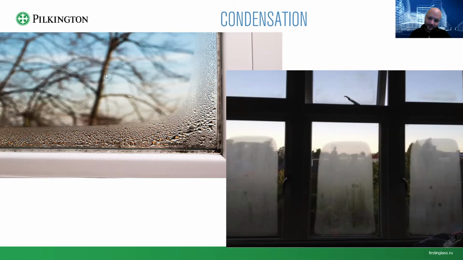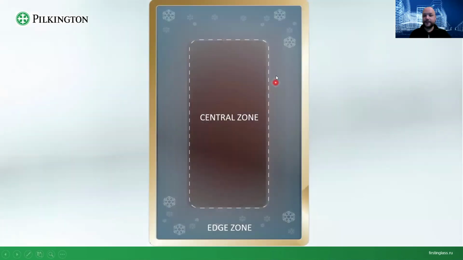Cold outside is the right picture, and a different picture on the left. And this is of course explained by the IG unit having a central zone. The central zone is the zone in which your spacer does not affect the properties of an IG unit. Edge zone is where you have the influence of the spacer, quite visible in our case.